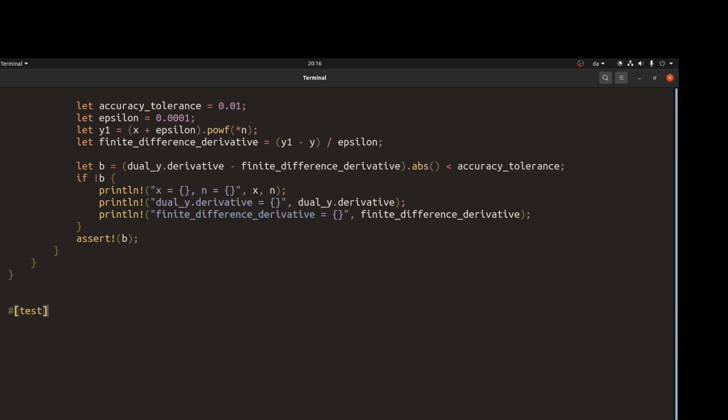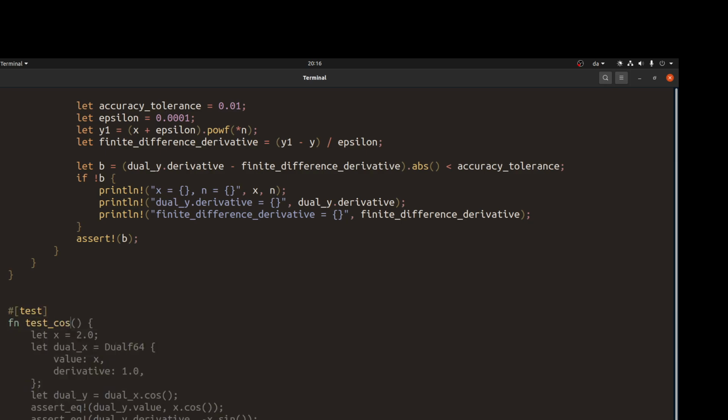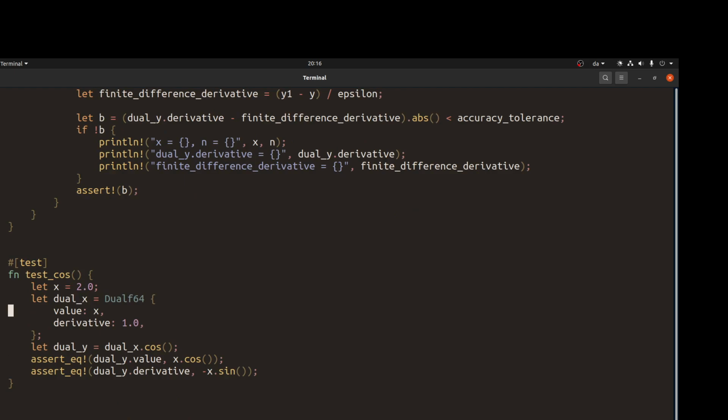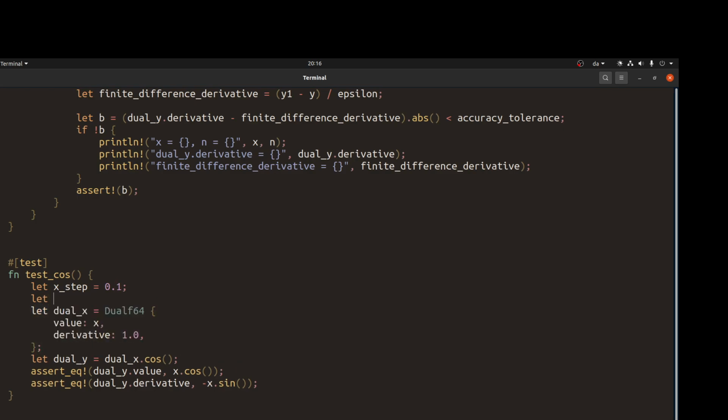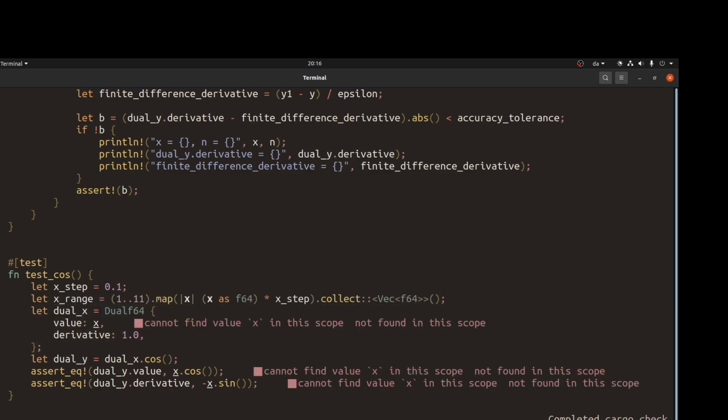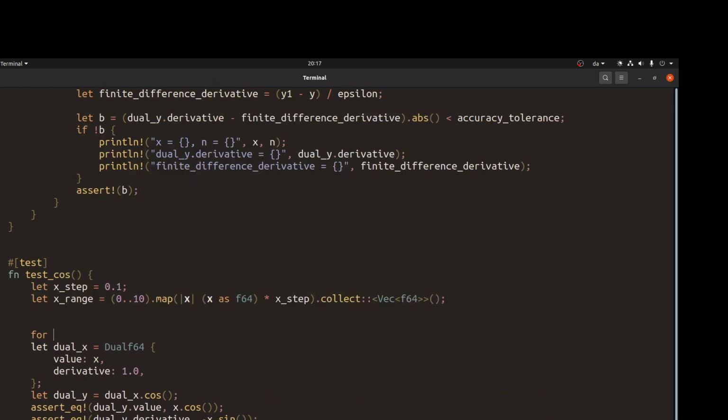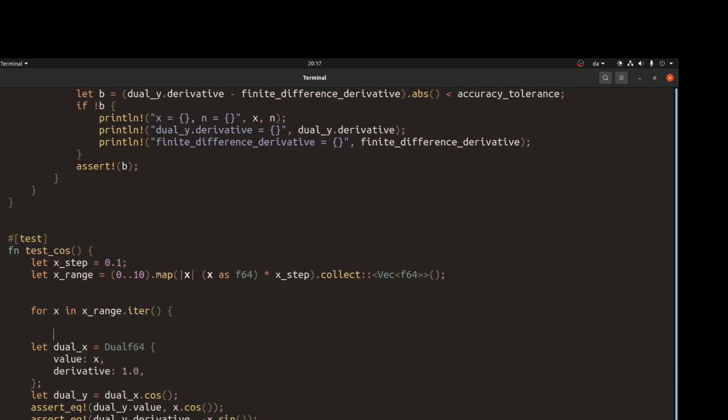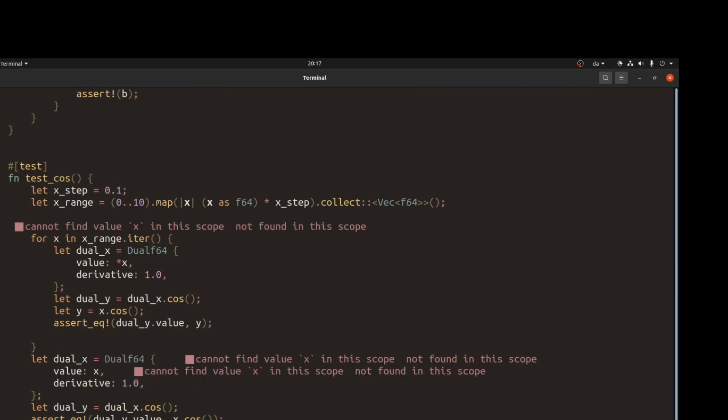So let's make another test. So it can be test cosine. And again, we want to test a bunch of things. And so the x step can be this, and x range can be this again. Here, maybe it's okay to start with 0. There's no divergence or anything. So let's say for x in x range, need to make a dual x.